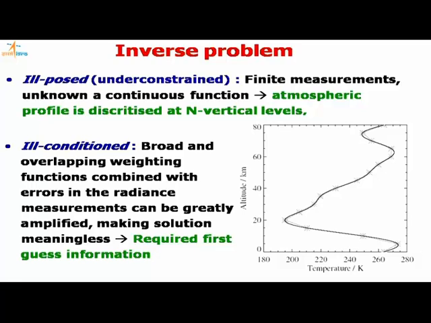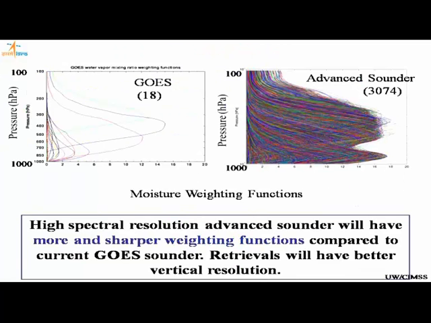That is around 20 for a multichannel sounder and thousands for a hyperspectral sounder. Still, we need much more information to invert this equation, because these equations are under-constrained. In addition to these finite measurements, about 20 from a multispectral sounder or 1000 channels from a hyperspectral sounder, another problem is that the weighting functions of various channels are very broad.